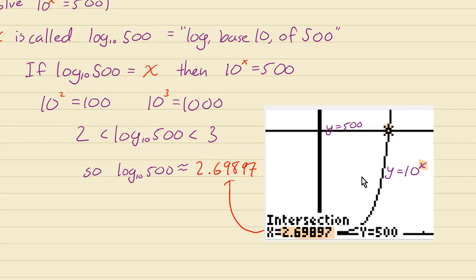So that gives you one way of estimating logarithms: graphing the exponential function and also graphing the result you want to get, which is the input into the logarithm, and seeing where they intersect.